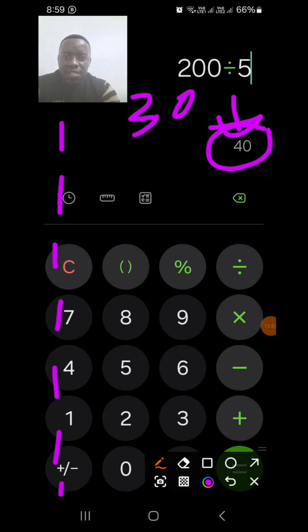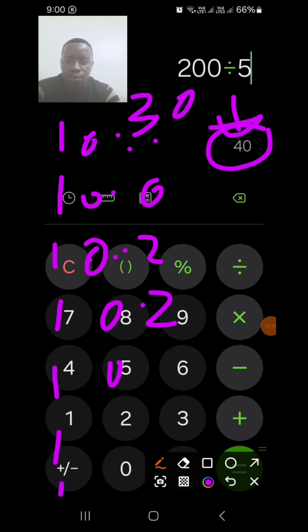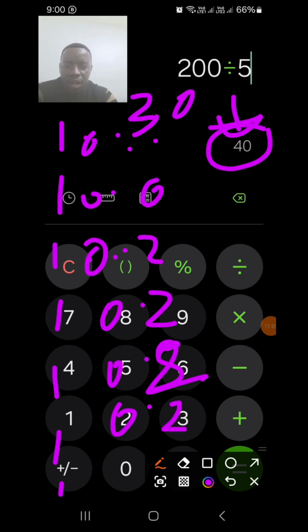Then for the first 10 margin calls, you can put 0.2, 0.2, 0.2, 0.2, 0.2, the first 10. After these 10, the remaining 30 margin calls, put them 1, 1, 1, 1, 1, 1.